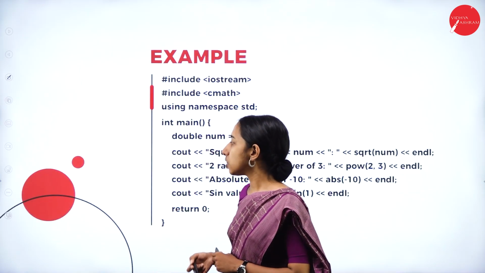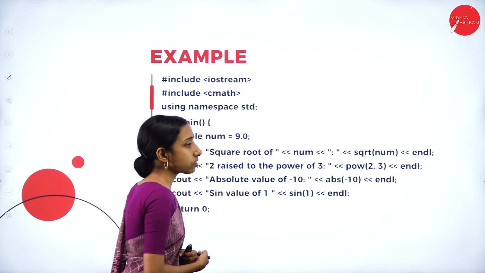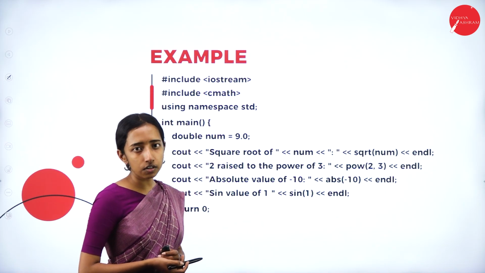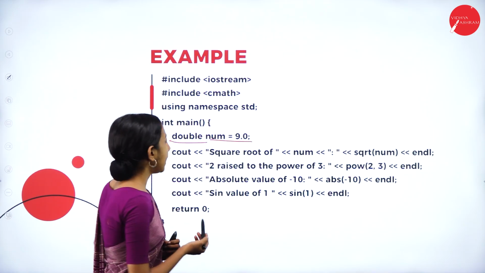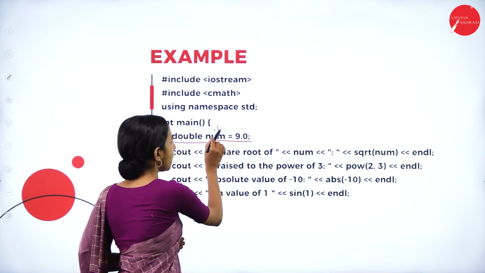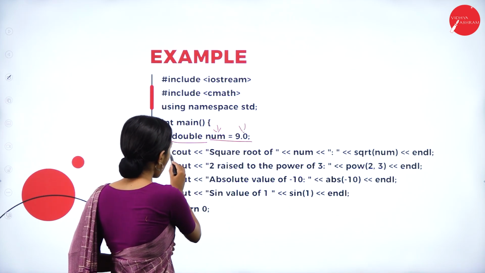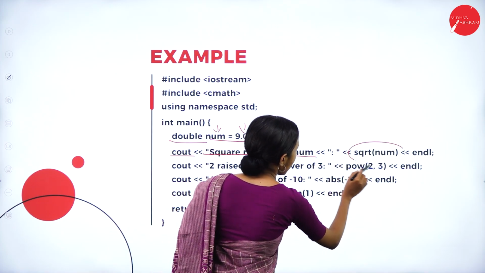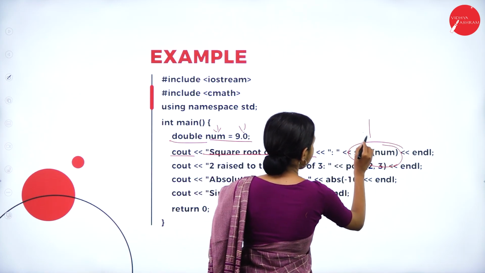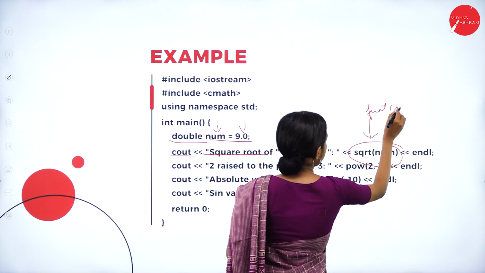Let us see. Here we have a simple C++ program to demonstrate how the math library functions work. double num = 9.0. I have taken the double data type with a variable num and a value 9.0. Next we have cout of square root of num, and here I am passing the math library function called sqrt.